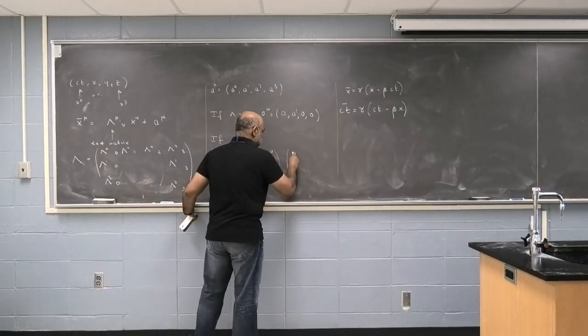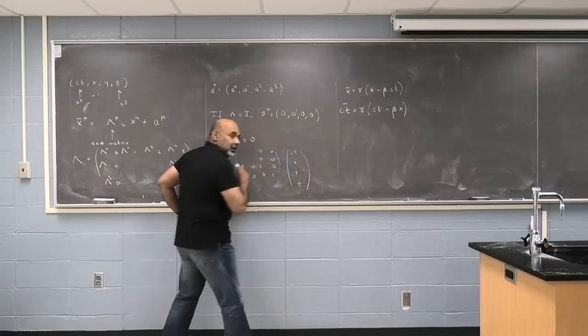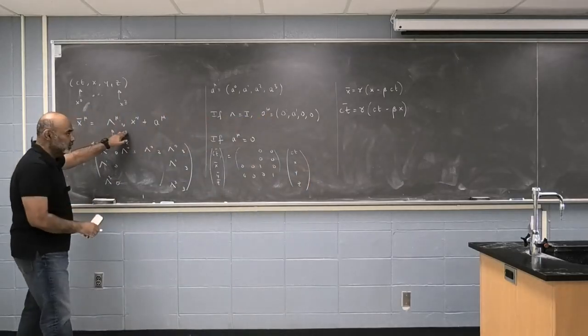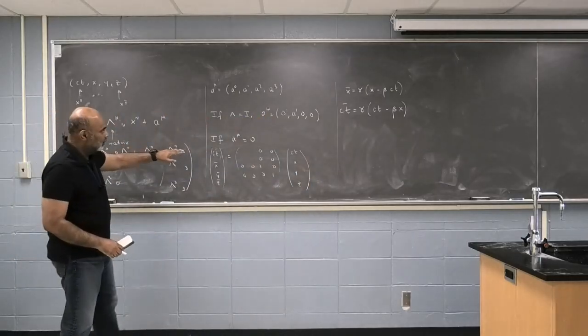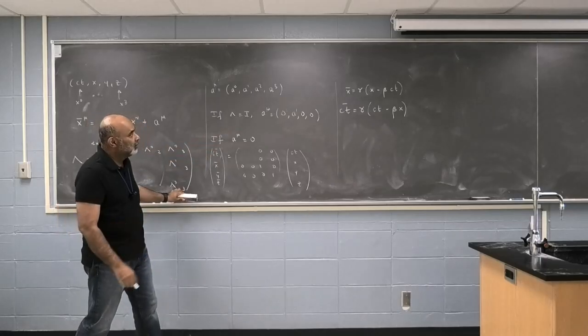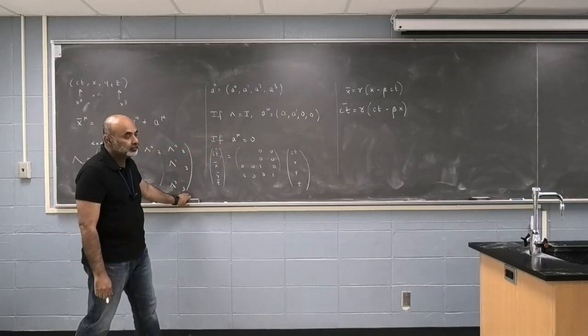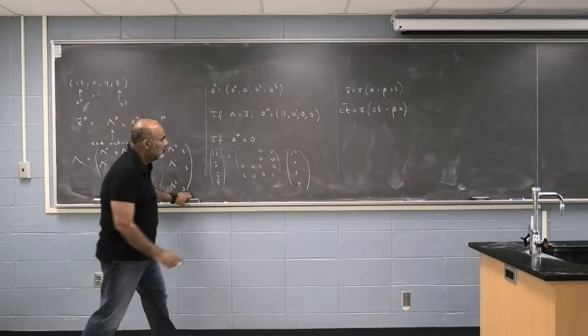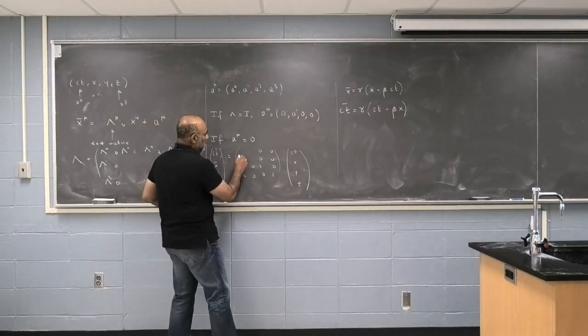This is just matrix multiplication. Right? If A is 0, that's what this means. And you see the transformation there. What should it be? Gamma times 1 minus beta x over ct? Not quite. What should this be?